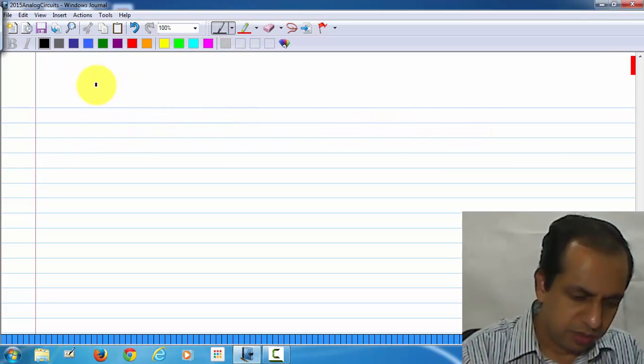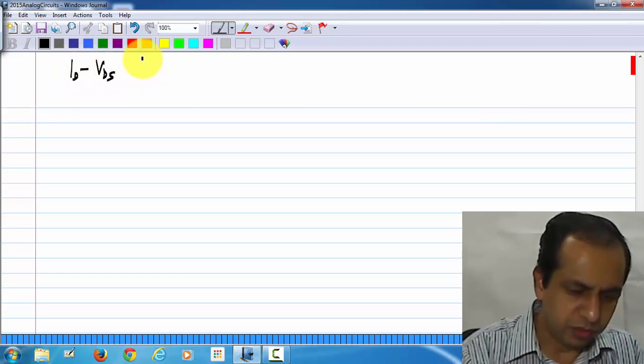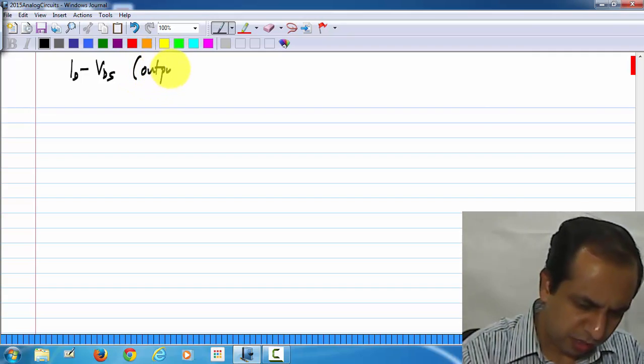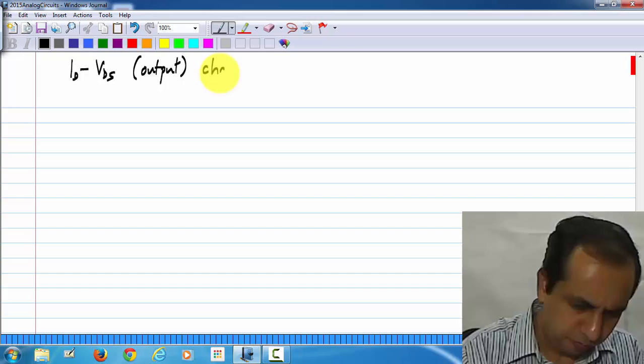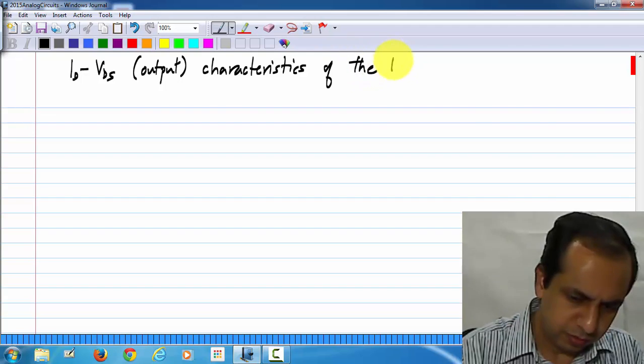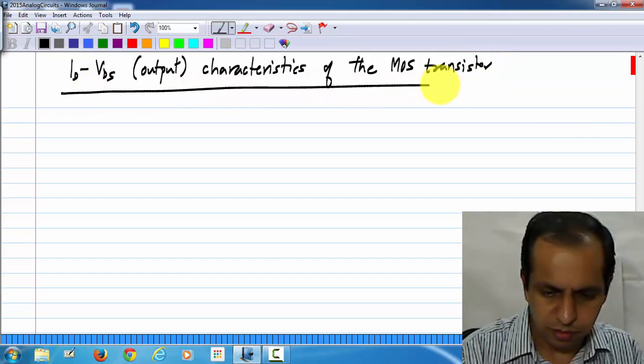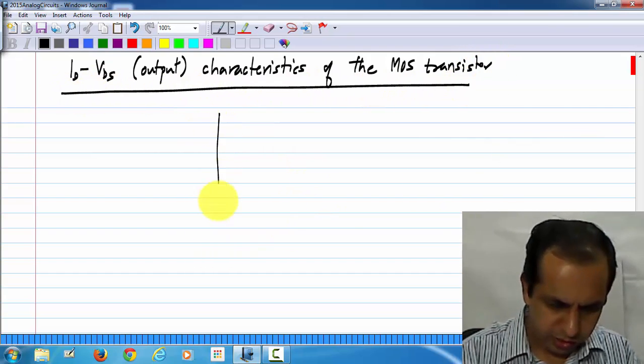If you recall, the ID VDS or the output port characteristics of the MOS transistor, this is what we had.